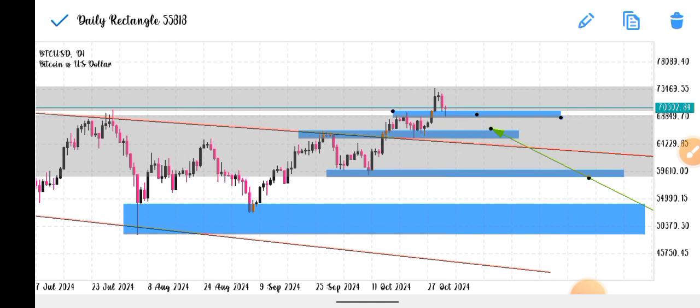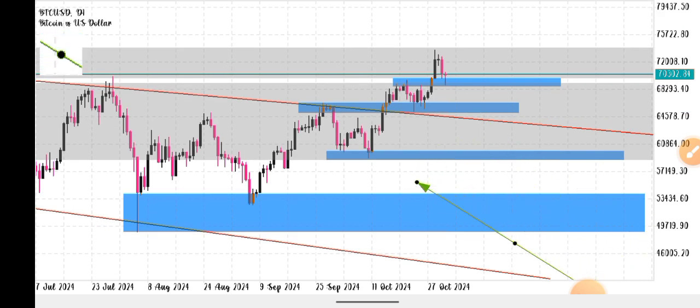Okay, guys, hope you understand what I'm doing here. The zones are many, but I'm on a higher move of the market. I want to show us where price can always come back to, right?